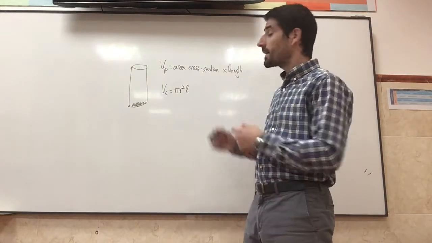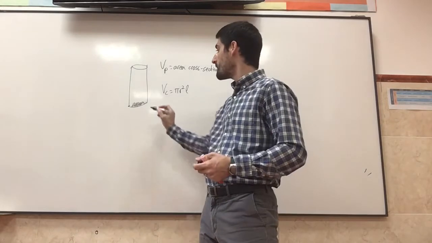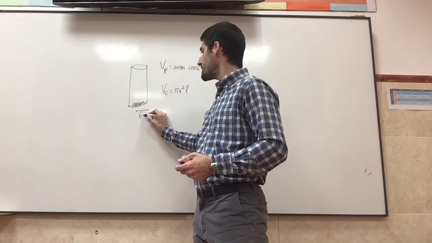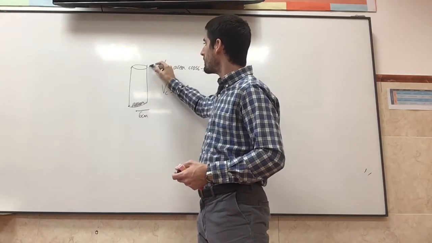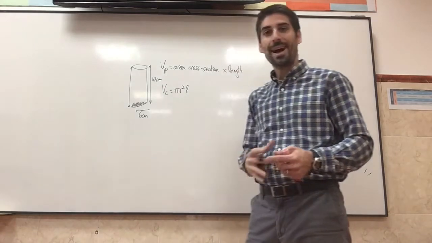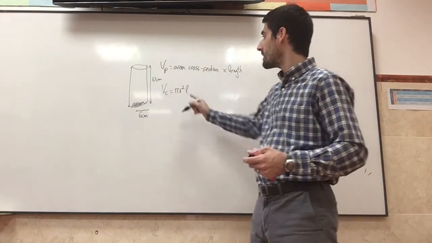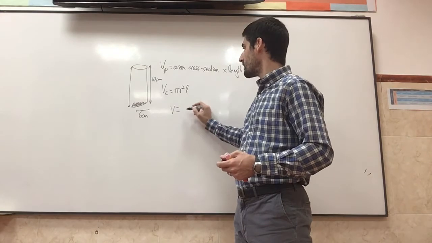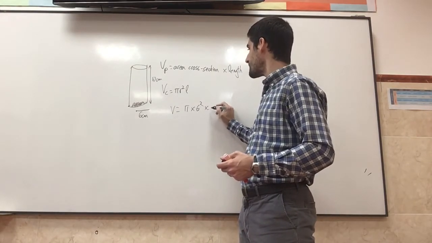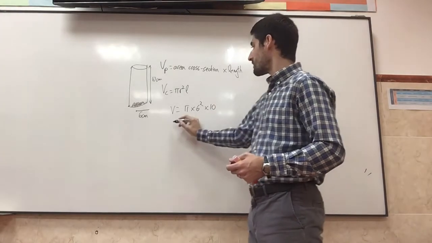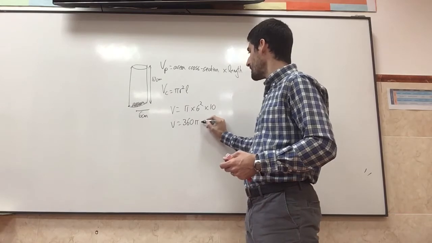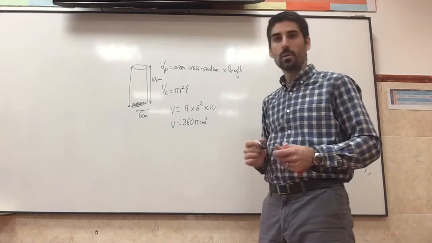So, in my case, if I know that the radius is 6 centimeters and the length is 10 centimeters, I can now calculate the volume of my cylinder. So the volume is going to be pi times 6 squared times 10, which is 360 pi centimeters square.